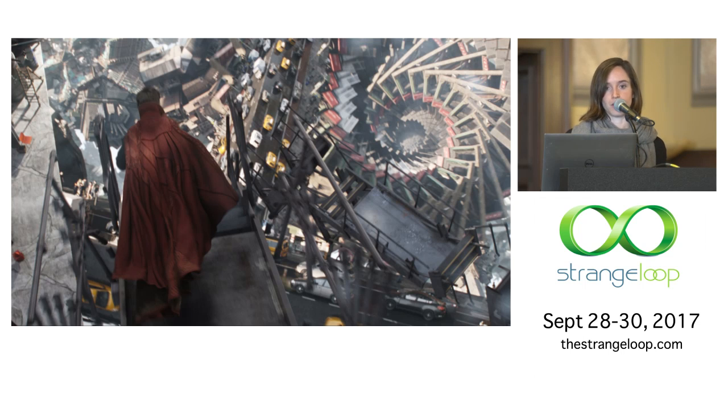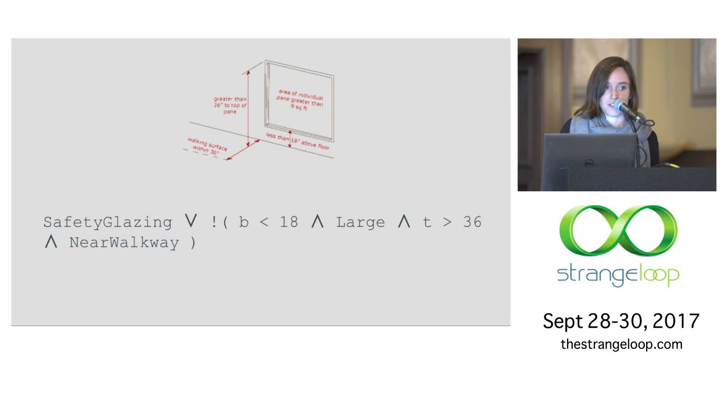Okay, so now we've learned how to use a Boolean satisfiability algorithm and pull in theories about other things and reason about them. So we ought to be able to do anything we want to now, right? Back to our safety glazing example. We covered Boolean safety glazing.